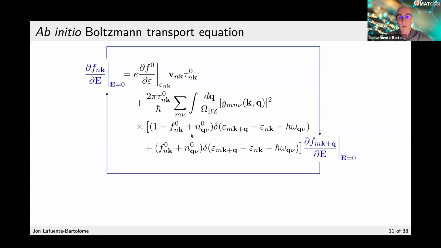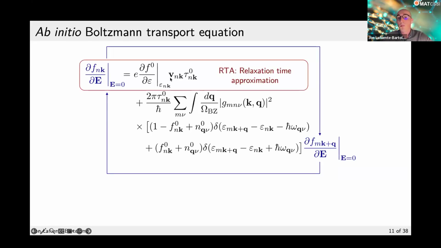So here we have the electron eigenvalues, we have the phonon frequencies, and we have the electron-phonon matrix elements. And the second thing to note is that this equation has to be solved self-consistently because we have the variation of the occupation factor on the left-hand side and also on the right-hand side of the equation.